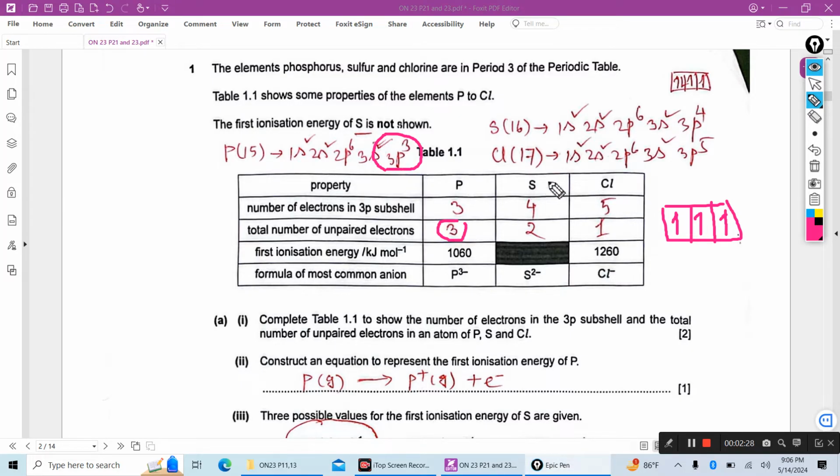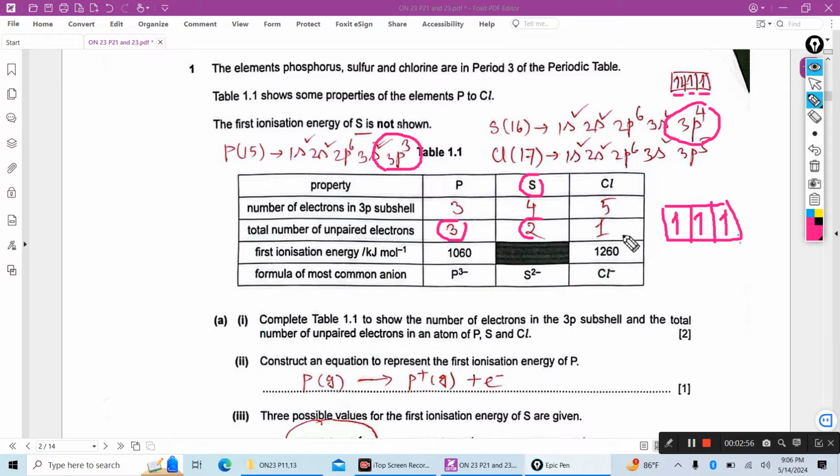Now S, sulfur, 3p4, so the first orbital 2, second orbital 1, third orbital 1, so 2 unpaired electrons, because in sulfur one p orbital is filled, and the other 2 p orbitals have 1 electron in each.